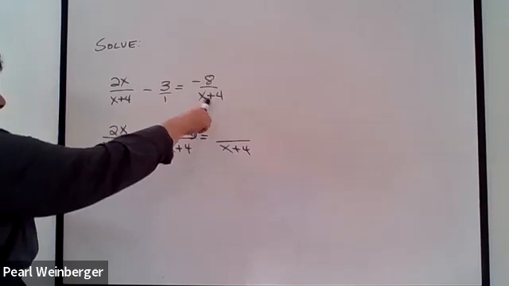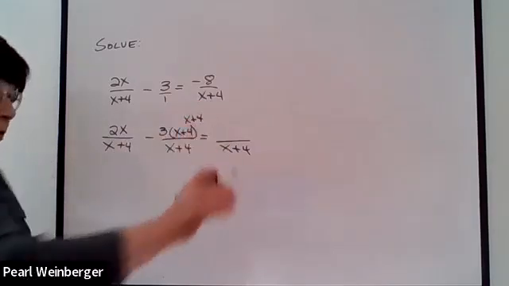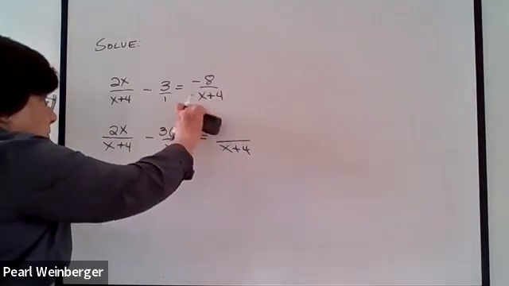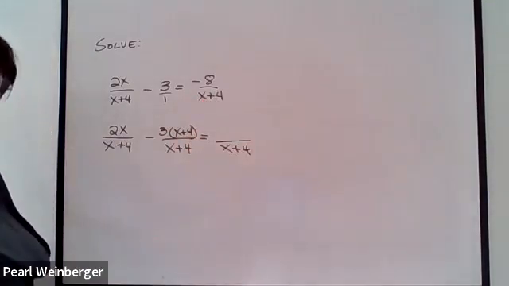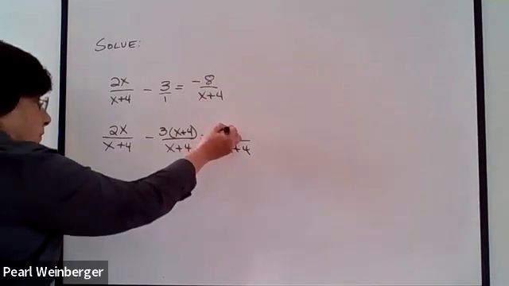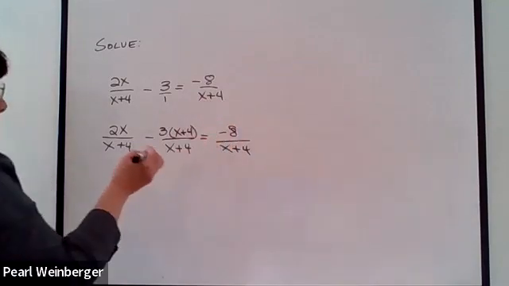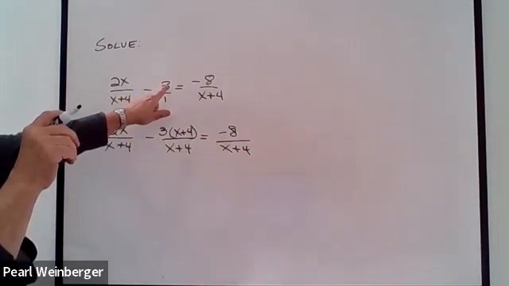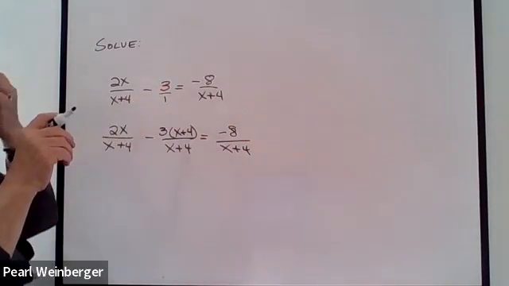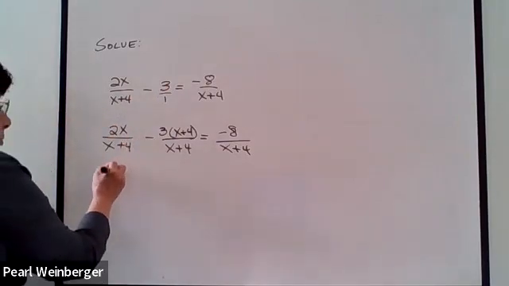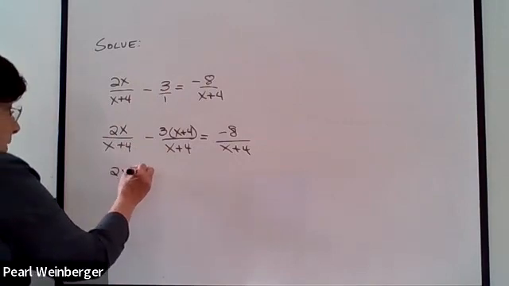And over here, I again have x plus 4 as a denominator. I'm not changing the denominator, so I'm leaving the numerator alone. The only thing I really had to do was take this 3 and multiply by x plus 4. Here's my equation now: 2x minus 3.